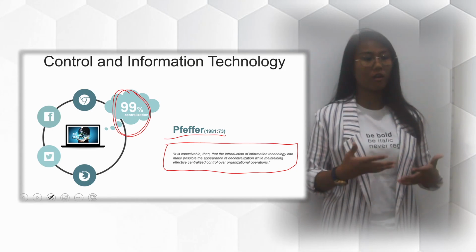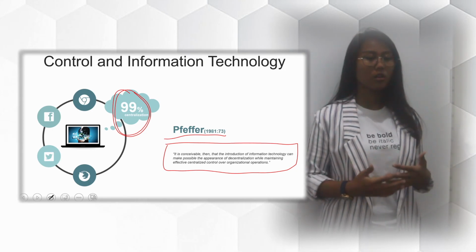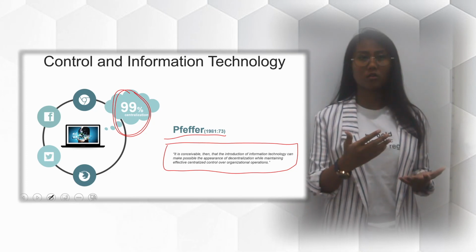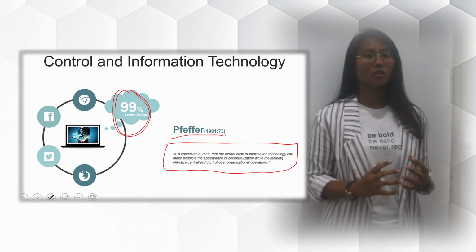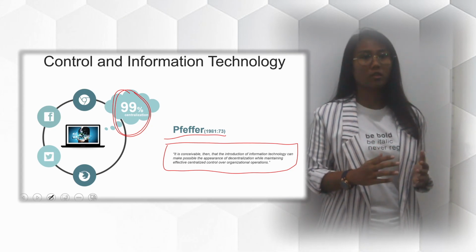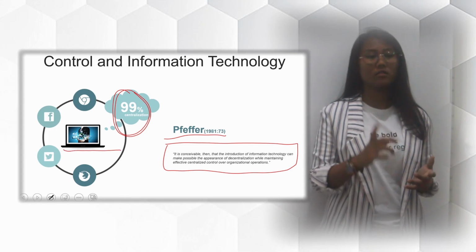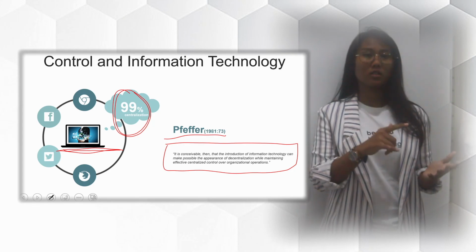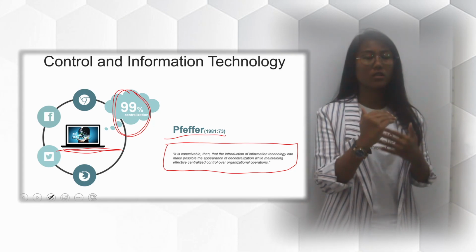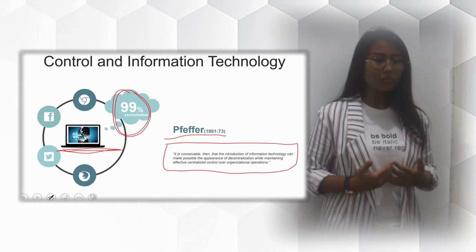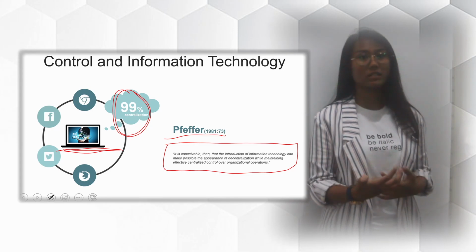Even though they say they are doing decentralization, the fact is that the manager or the supervisor can access all of the data of the workers and all of the jobs that the workers do in one hand, in one click with the computer system. Everything is there. So I think it is more centralized.